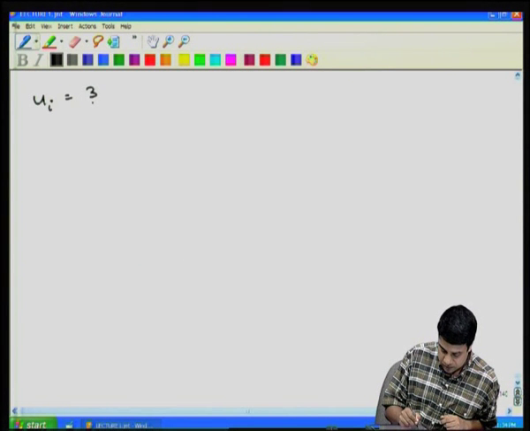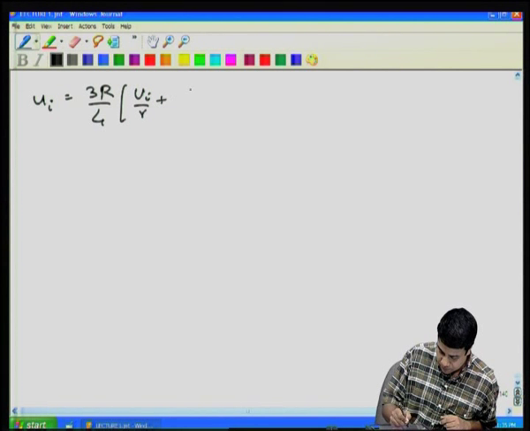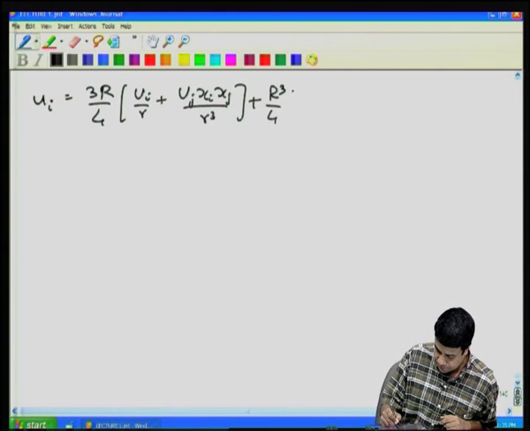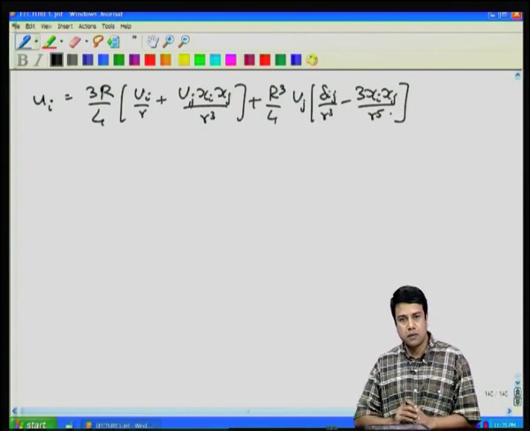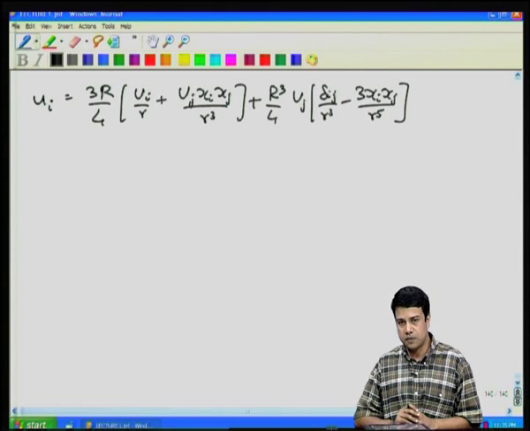So, u is equal to 3r by 4 into ... plus r cubed by 4 ... we separate it out as usual into 2 components, one which is along u and the other which is along the x direction.